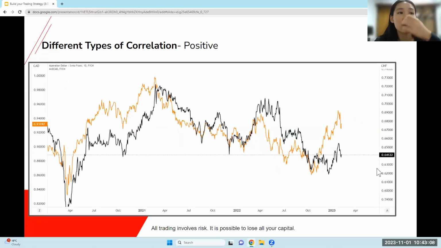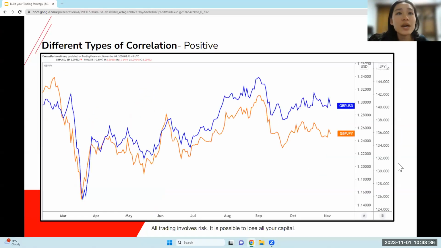And you can make use of the TradingView feature that allows you to compare the charts at the same time. Okay, so this is basically what it will look like if it is very correlated at that point in time. You can see whenever prices move upwards and downwards, it's basically about the same shape.